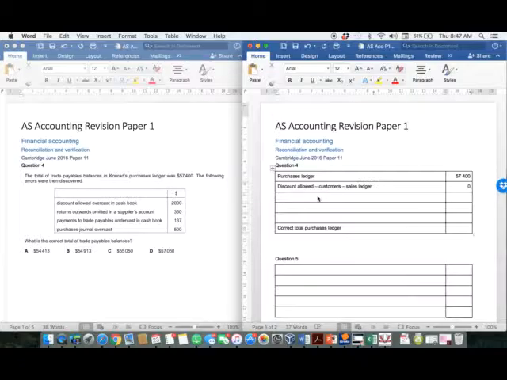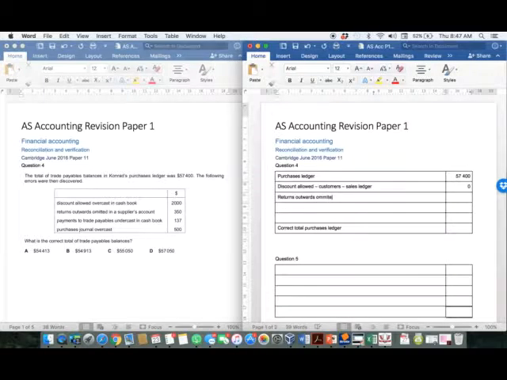The next one, returns outwards omitted in a supplier's account. Well, that is a problem, because remember that a particular supplier's account would have been included in the purchaser's ledger. And so if we forgot to put it in completely, that means that my purchaser's ledger total will be wrong. So returns outwards that were omitted, and returns outwards is to suppliers.